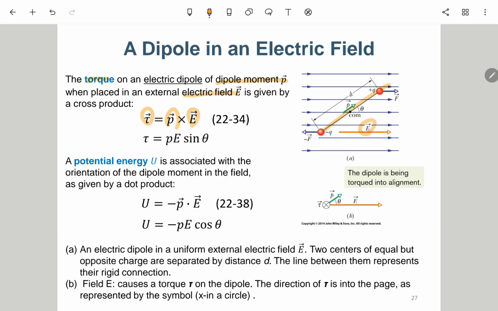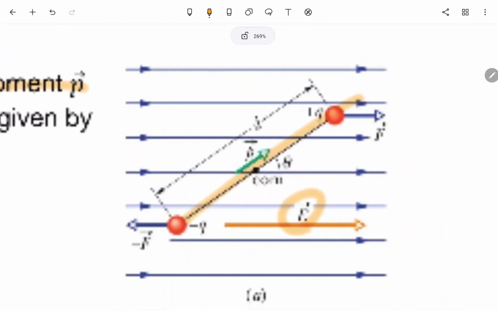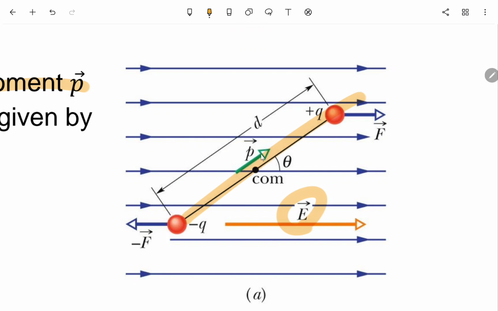Here for this example, we have this dipole. This is the negative charge, this is the positive charge. So the dipole moment P is pointing to the top right, and we assume the E field is pointing to the right side.